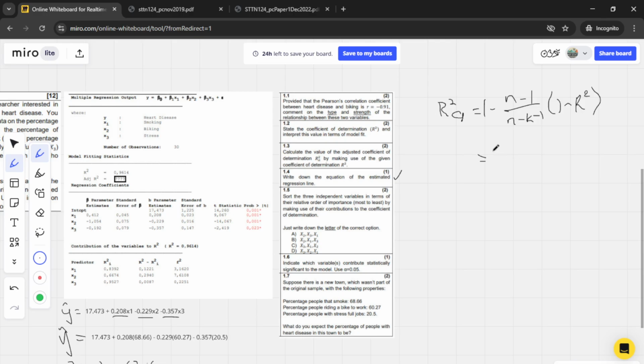We can just substitute and say 1 minus, what is the value of n? It's 30, minus 1, over 30 minus the number of independent variables, which is 3, minus 1, multiplied by 1 minus the value of r squared, 0.9614. Now that we have this, we can go to our calculator.